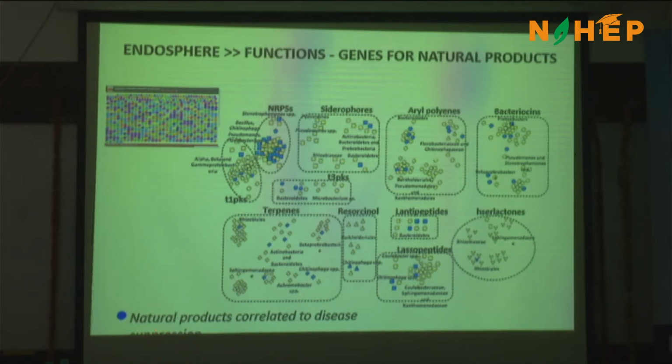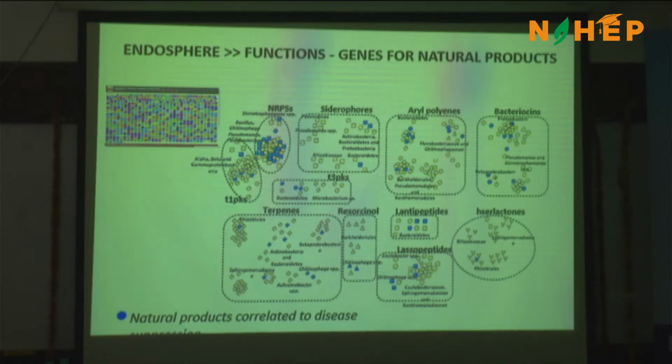So when you look at this, for those that are more interested in networks, the node is represented by the gene, and the edge is representing the distance or the identity between the nodes. Then you can annotate them based on the origin, so if they are NRPSs, siderophores, aryl polyene, whatever kind of compound, but you can also see the taxonomy.